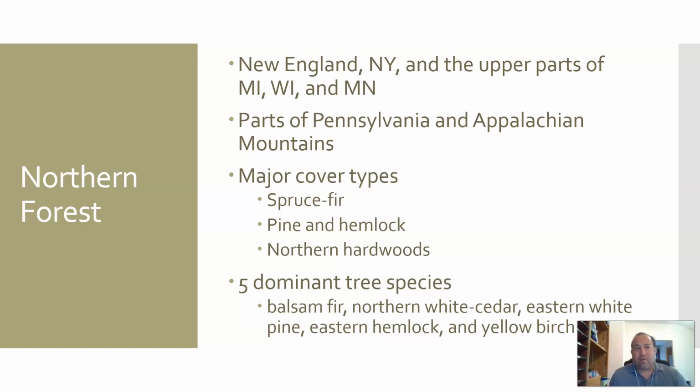If you're saying to yourself, I don't know what any of those are, I understand, and I'm not going to quiz you on it, but I do want to paint a picture of what the different trees in the different areas of the United States look like. If you ended up there, you'd at least have an idea of what might be there. Five species of trees are dominant in this area: balsam fir, northern white cedar, eastern white pine, eastern hemlock, and yellow birch.